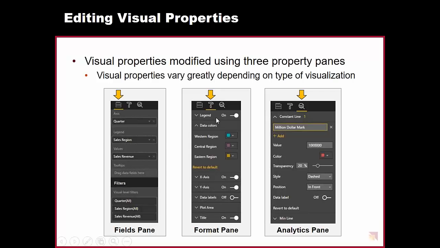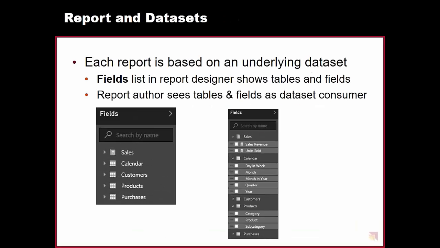You also have the format pane that has the appearance properties. Something they just added about a month ago was the analytics pane. The analytics pane has things like trend lines. It doesn't get a lot of use yet because it's new, but you'll see that the analytics pane will grow in functionality with different visuals over the next year.